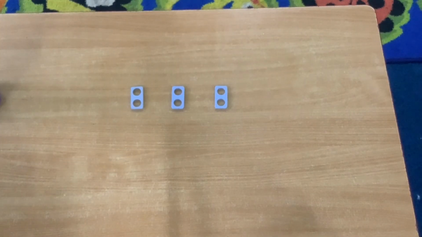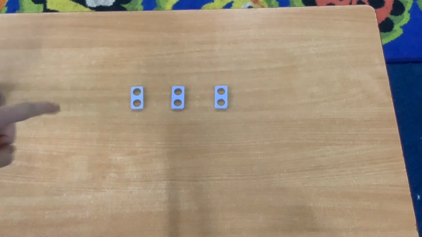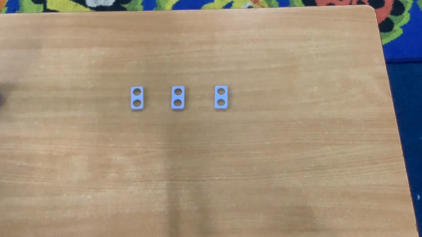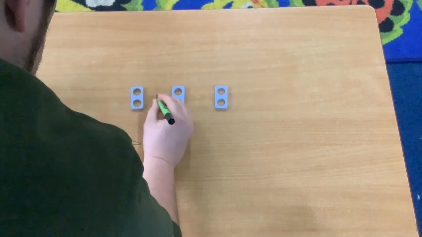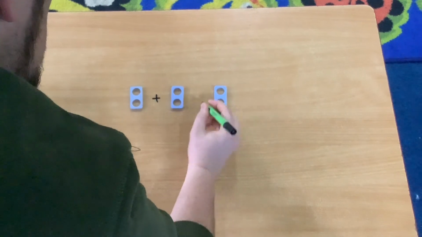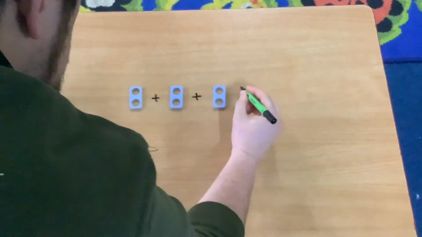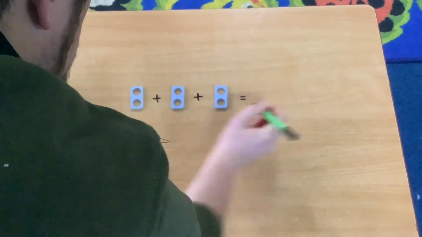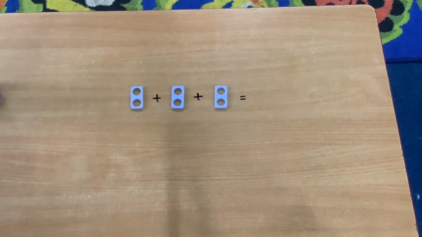We can show it in other things that are in 2s as well, like this pneumacon, which we've been using at school. We can see that these got 1, 2. So each one of these is worth 2, just like our pair of socks. So if we go 2 plus 2 plus 2 equals how many?